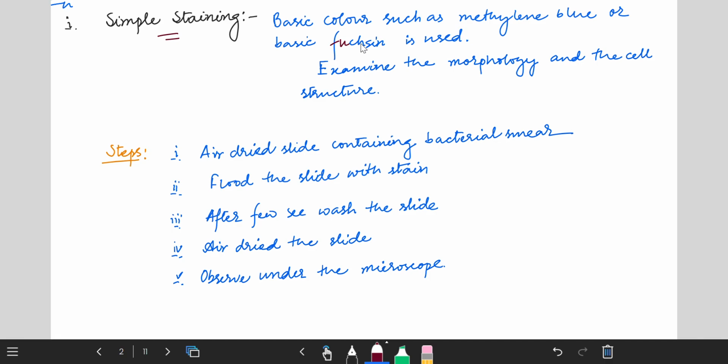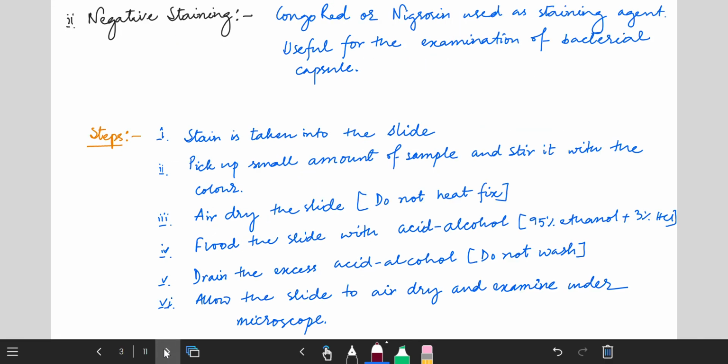Wait for a few seconds to fix the stain with the smear. Then wash the slide. Then air dry the slide. And in the final step, after air drying, observe the slide under the microscope. That is simple staining.